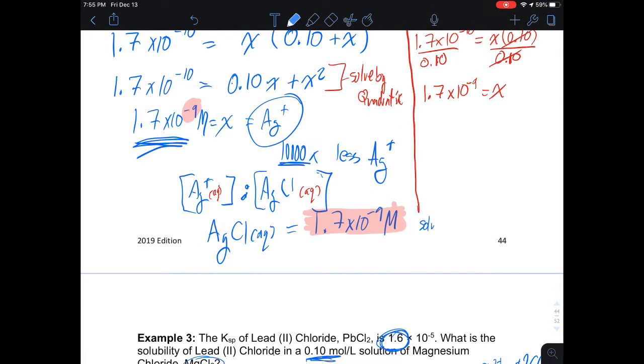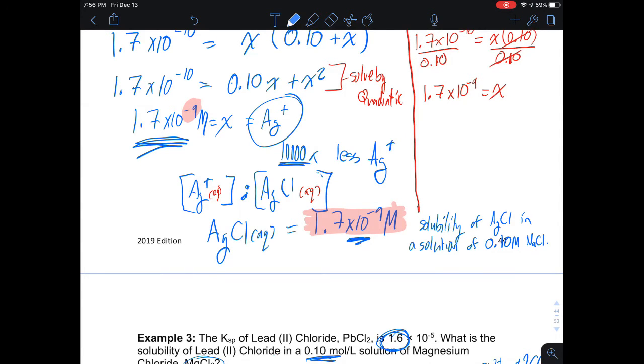So this is solubility of AgCl in a solution of 0.10 molar NaCl. So that's a common ion effect.